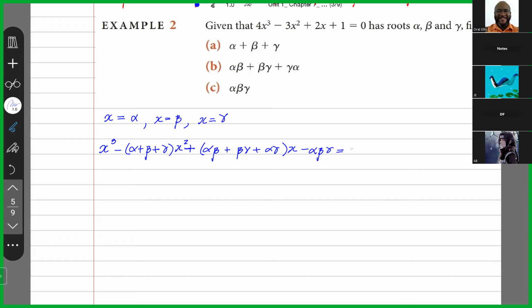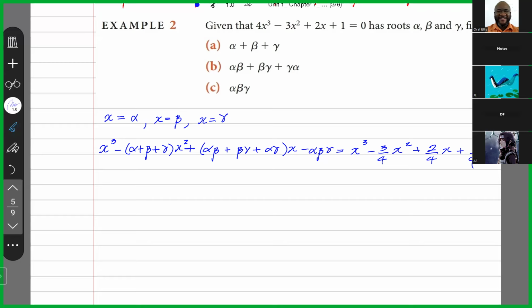And this would be equal to x cubed minus 3 over 4 x squared plus 2 over 4 x plus 1 over 4, and this will be equal to 0.